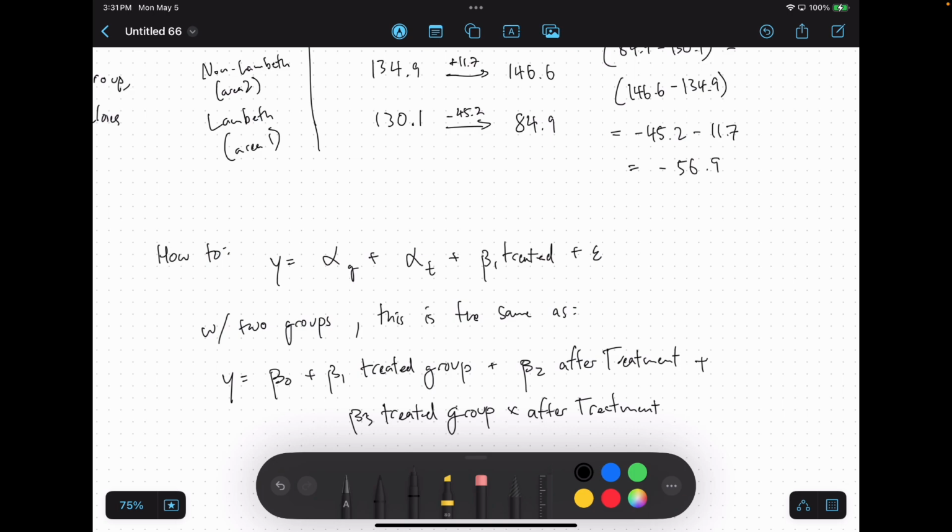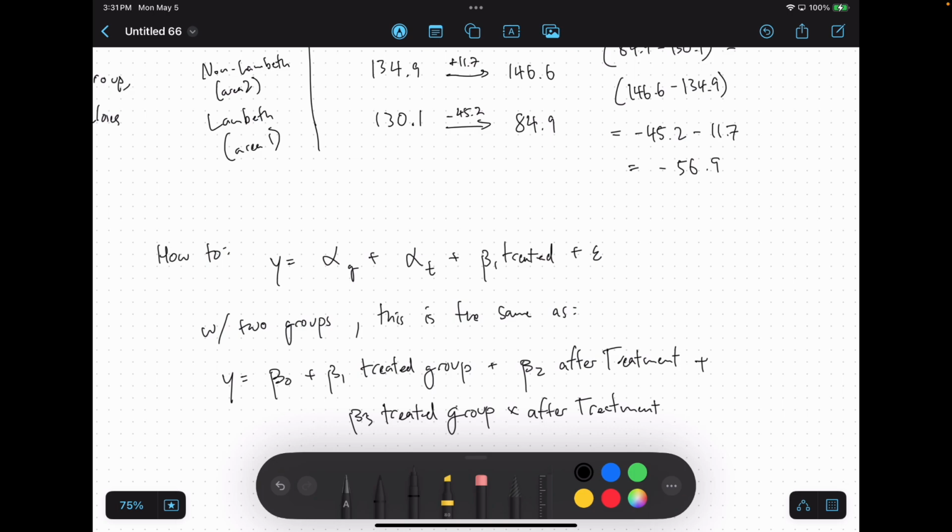And actually, this particular form is a version of a fixed effects, because your treated group and your after treatment groups are both fixed effects groups, and so this is commonly referred to as a two-way fixed effects differences-in-differences.